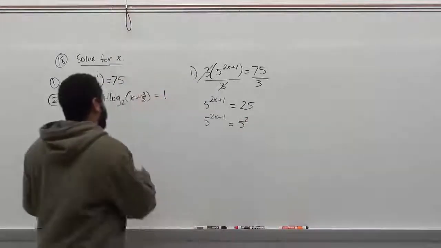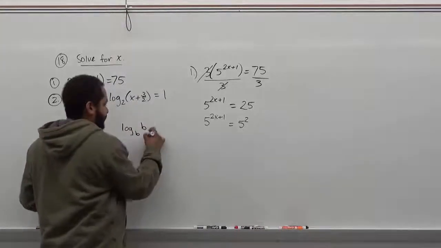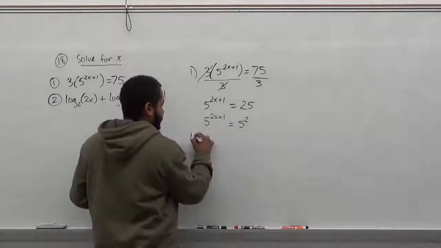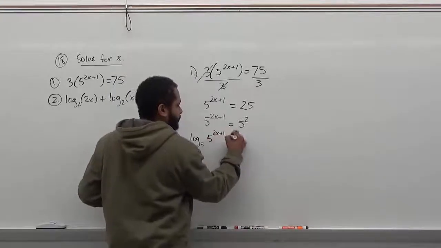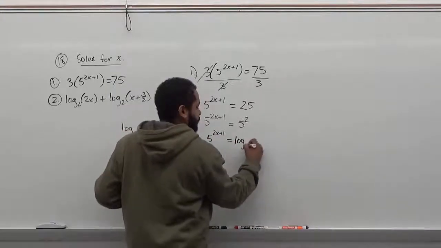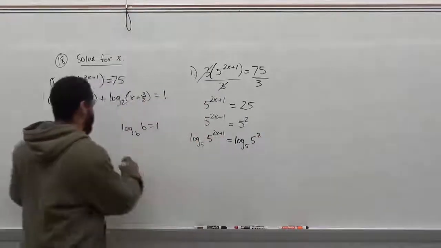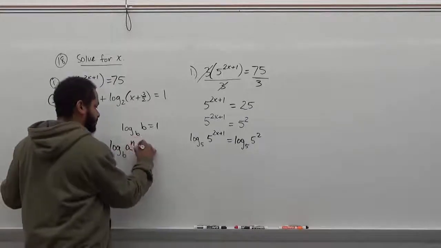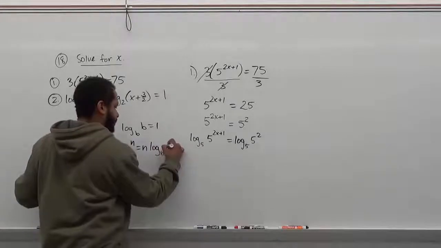Also remembering that whenever we take a log of any base of the same term, this is equivalent to 1, right? So here what we're going to do is take the log base 5 of each side. And what happens next is the exponents come down with the rule of logs, in which the log of any base of a term with an exponent, the exponent comes to the front of the log with the base and a term.